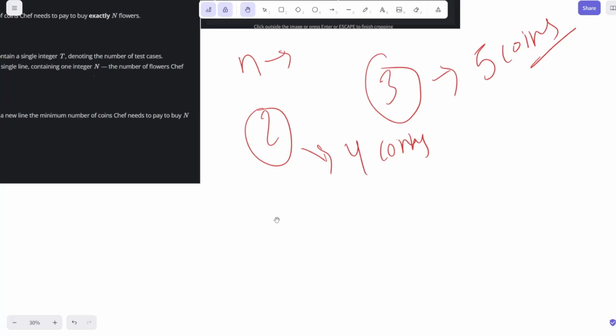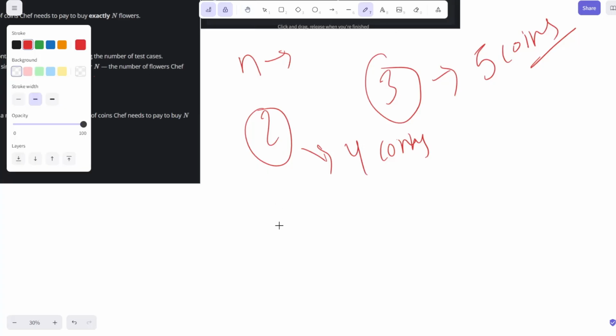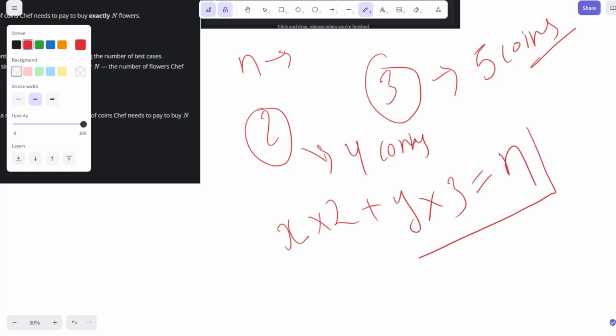We can write this as a mathematical equation. Let's say you buy x groups of 2 flowers and y groups of 3 flowers. That should result in a total of exactly n flowers.